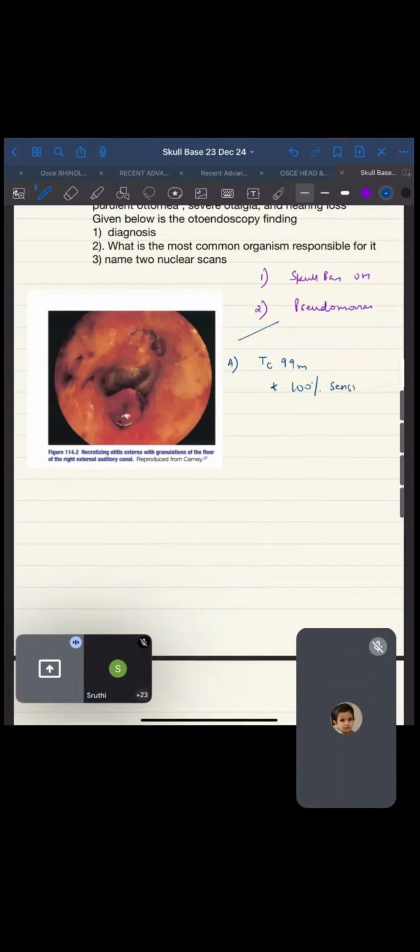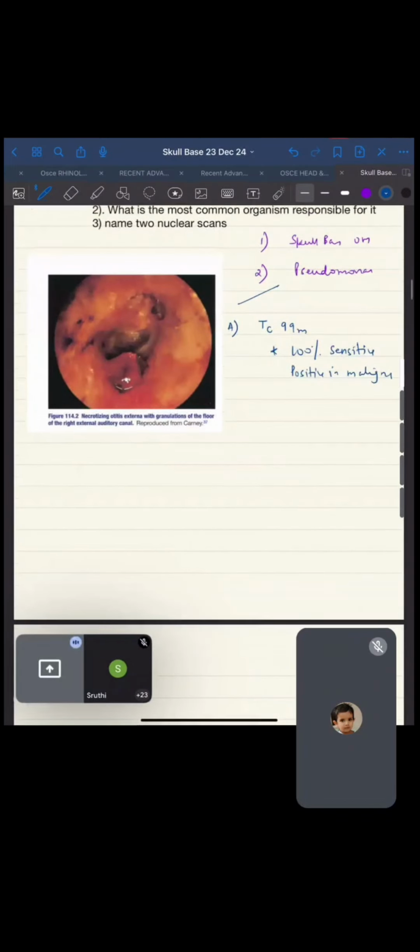They'll ask you what the scans are, what the advantage is, what the disadvantage is. This is 100% sensitive, positive in malignancy. Apart from that, specificity is low. Though it is 100% sensitive, its specificity is low.